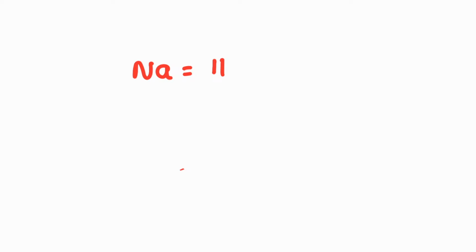Dear students, you need to know the atomic numbers of most of the elements, so please take a look at them and be well versed with the atomic numbers. How do I know the atomic number? Through my experience. So the atomic number of sodium is 11. What was the first rule? The first rule was to start arranging the electrons from the lower shell.